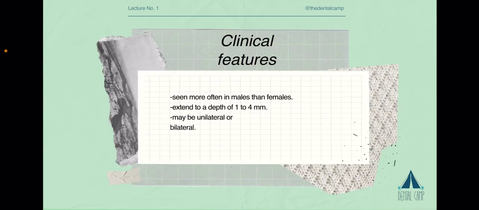Clinical features: they are usually discovered on routine examination. The pits may be unilateral or bilateral, and may extend to depths of 1 to 4 mm. A small amount of fluid may be expressed when the pit is squeezed, principally representing saliva from minor salivary glands that drain into the depths of the invagination.